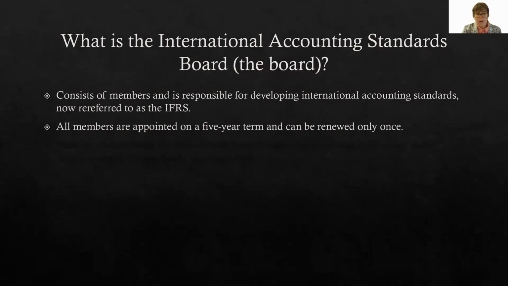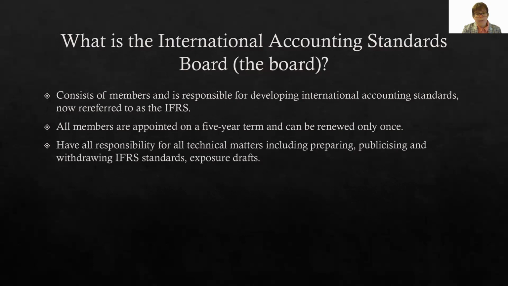All members are appointed on a 5-year term and may be renewed. However, they can only be renewed once. They have all the responsibility for all technical matters, including preparing, publicising and withdrawing IFRS standards and exposure drafts.